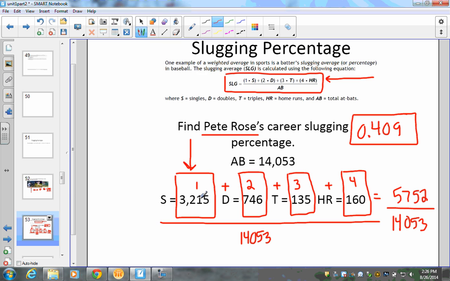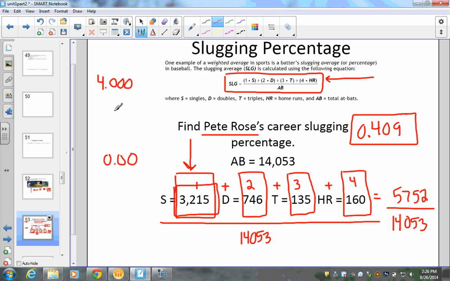Since he has a lot of singles, that's going to keep his career slugging percentage down a little bit. If I remember correctly, the highest slugging percentage you can ever get is a 4.0, just a clean 4, okay? And of course you can get 0. So it's on a scale of 0 to 4, and Pete Rose got .409.